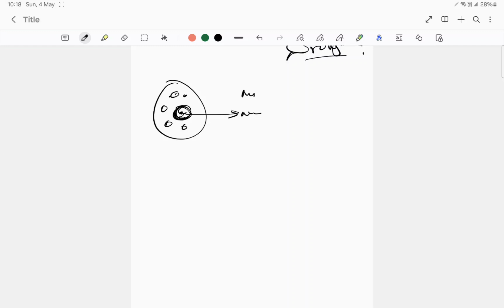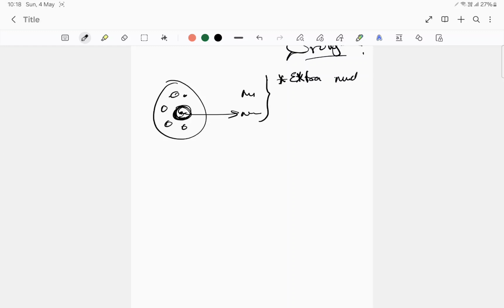So any kind of inheritance that is governed by the cytoplasmic genes, DNA, is said to be cytoplasmic inheritance. This is also known as extranuclear inheritance or extrachromosomal inheritance. Just remember these two other names also. A question may be asked in any way.